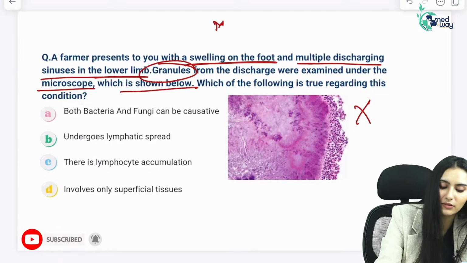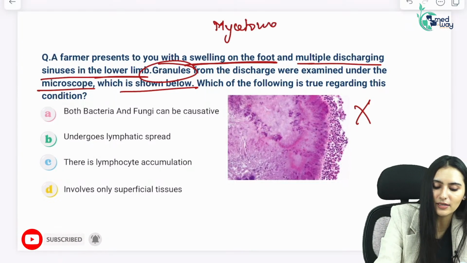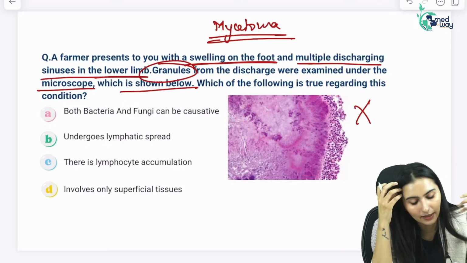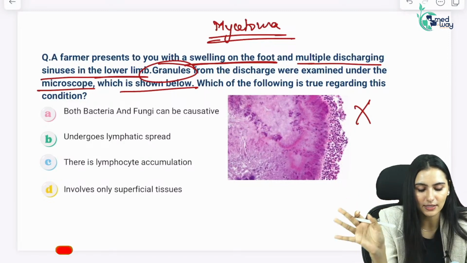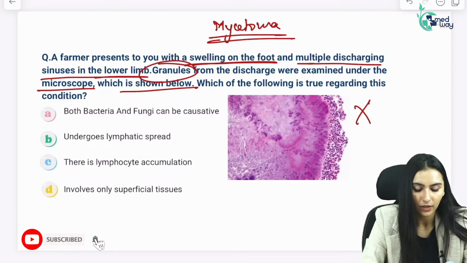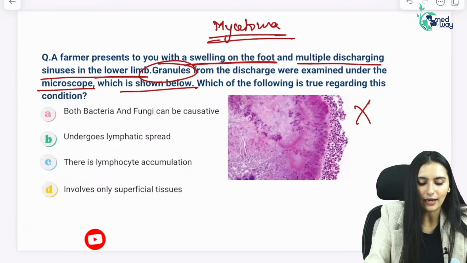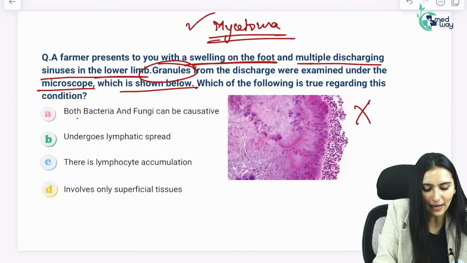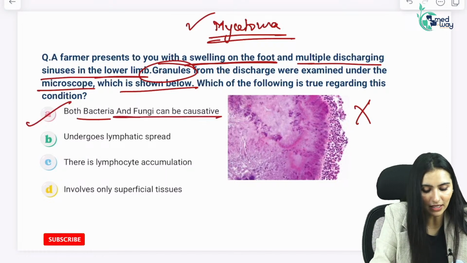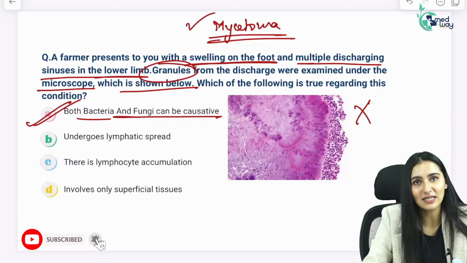It is mycetoma. This much you understand, that this is mycetoma. There is swelling on the foot, there are discharging sinuses, granules are also there, again mycetoma. Which of the following is true regarding mycetoma? Both bacteria and fungus can cause mycetoma.